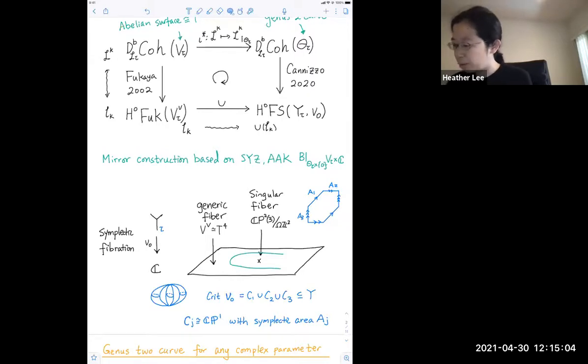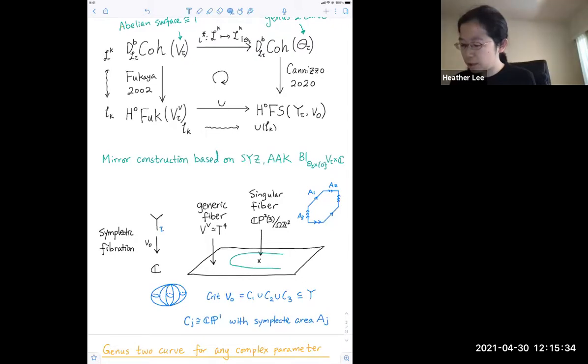The moment polytope of the critical locus is the boundary of the polygon, and you can see that is 3 lines with three circles. Each of these line segments is a sphere, so the critical locus looks like this banana configuration, consisting of 3 spheres.